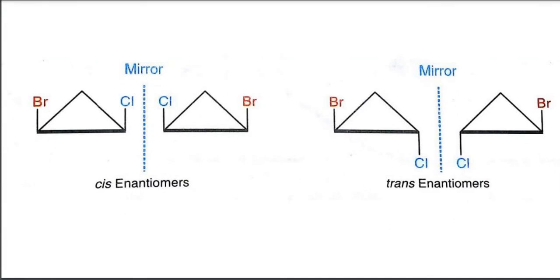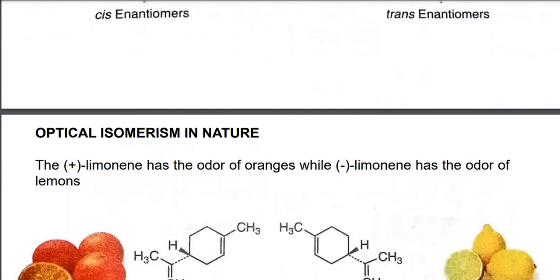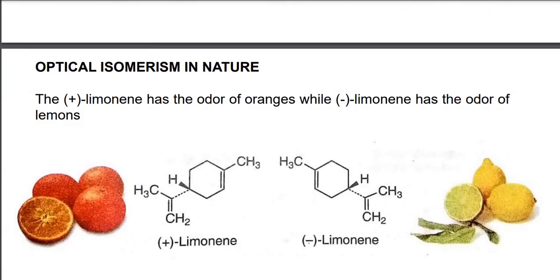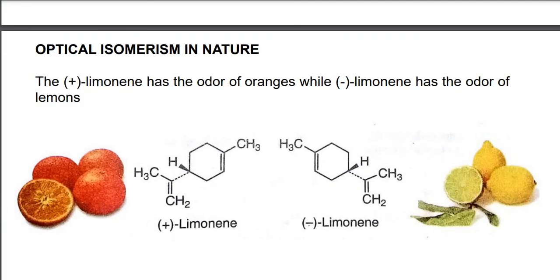So this is the cis isomer and this is the trans isomer. Among optical isomers in nature, positive limonene has the odor of orange, while negative limonene has the odor of lemon. So you can easily distinguish them, here is the orange and here is the yellow.